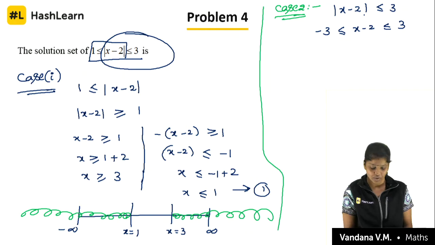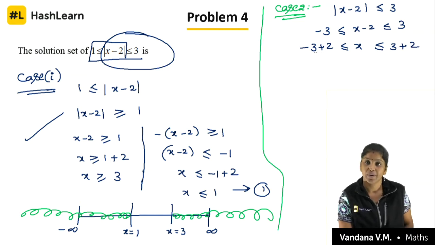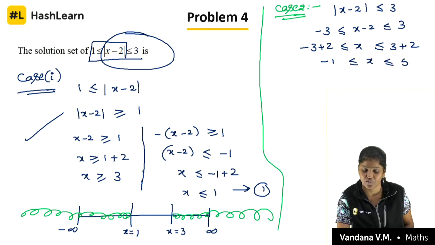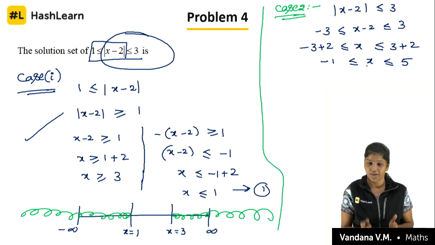If you have any doubt, you can proceed like this also. Now bring it to this side: minus 3 plus 2 less than or equal to x less than or equal to 3 plus 2. So minus 3 plus 2 is minus 1, less than or equal to x less than or equal to 5. What does this mean? The value will lie between minus 1 and plus 5.